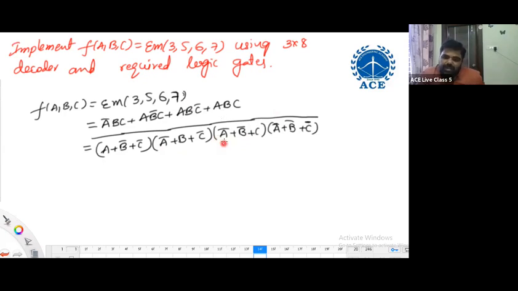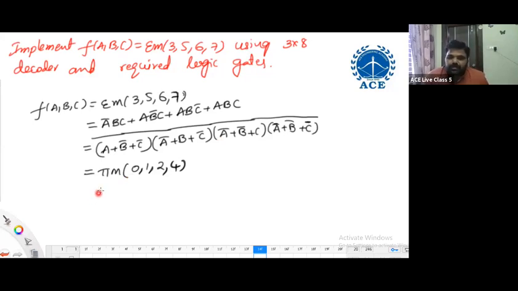The same I am writing in this way. There won't be any difference, it is the same. It is equal to pi m of 0, 1, 2, 4.